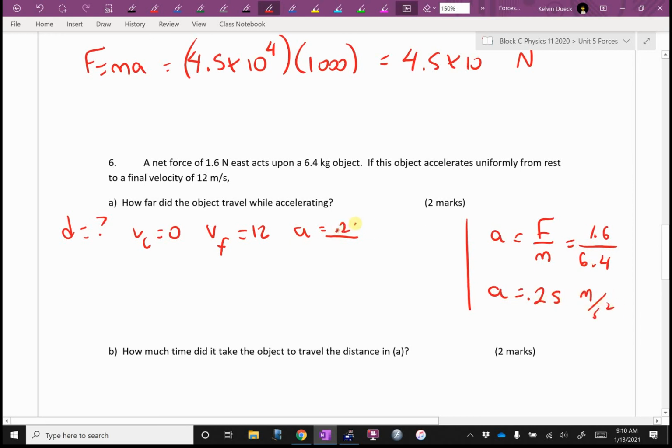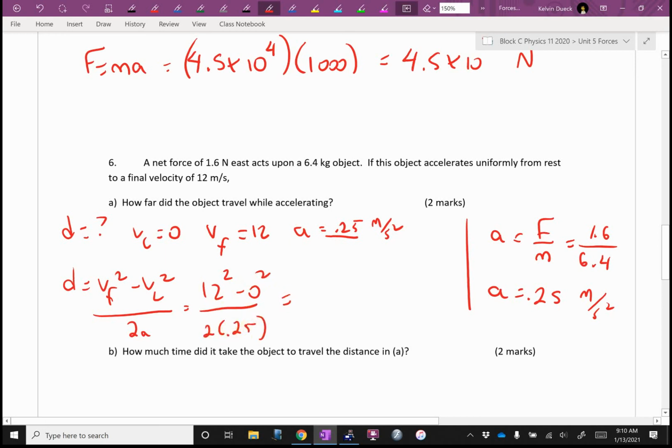So now I can plug that in here. D is going to be VF squared minus VI squared all over 2A. It's going to be 12 squared minus 0 squared all over 2 times 0.25.